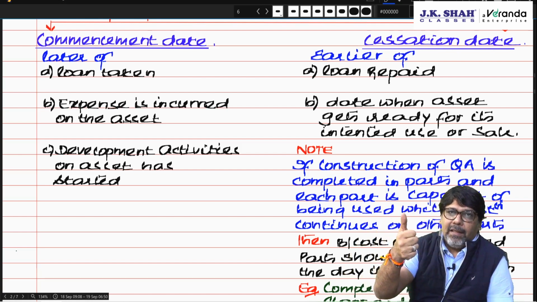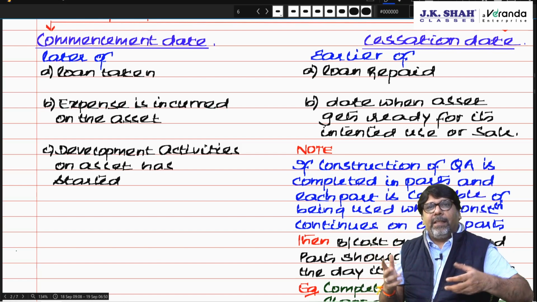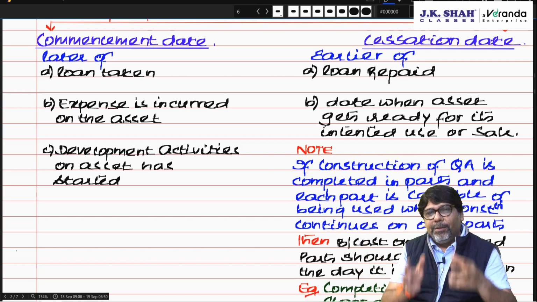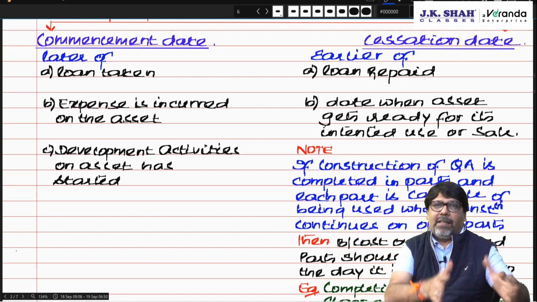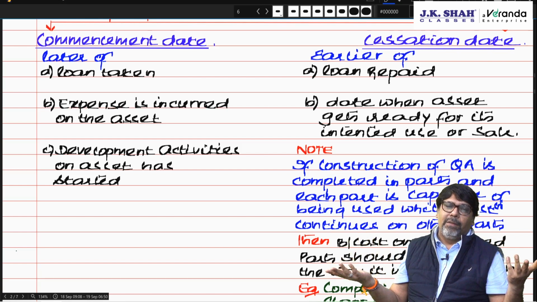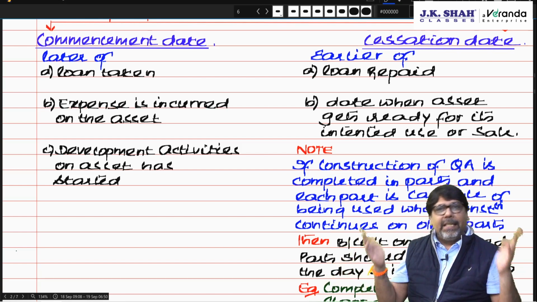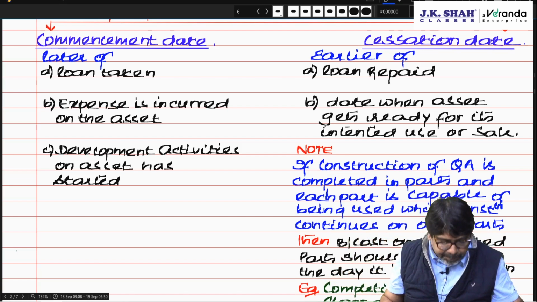So loan taken, active development started, or expenses incurred on construction, all three, whichever is later. When you have repaid the loan or your construction is completed, then your capitalization would stop.